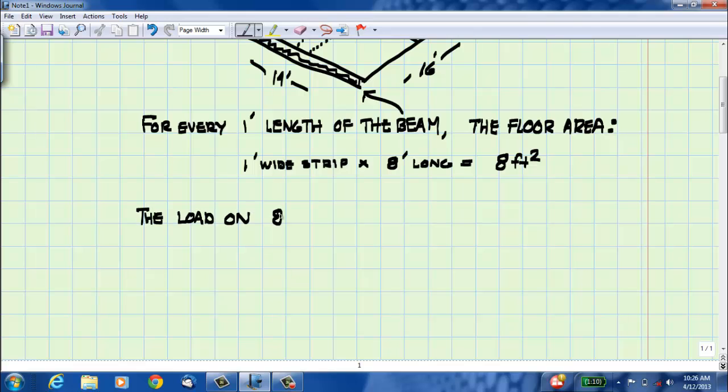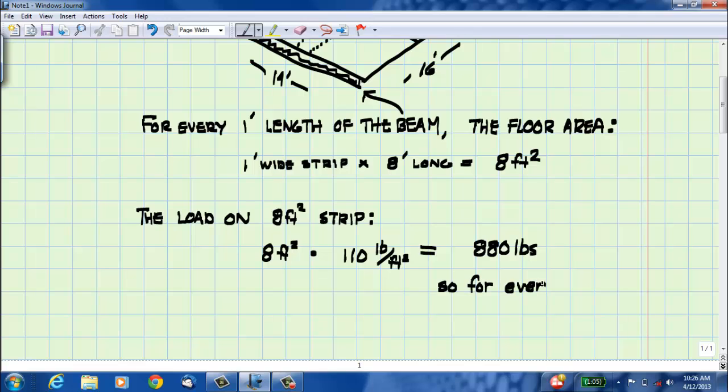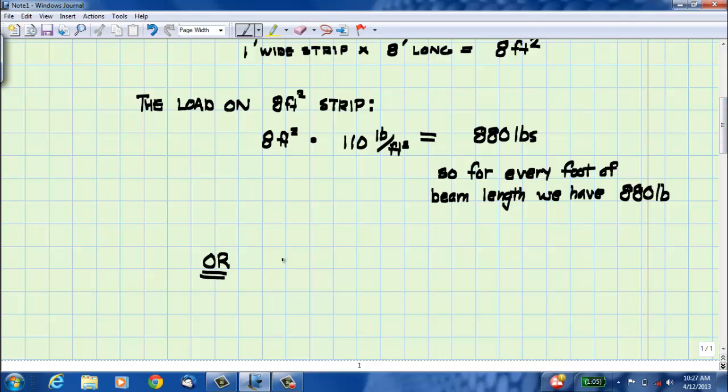The load on this 8 square feet of floor is just 8 square feet times the floor load, 110 pounds per square foot, or 880 pounds. So for every foot length of the beam, the floor transfers 880 pounds. Then the beam loading from the slab is just 880 pounds per foot of length of the beam.